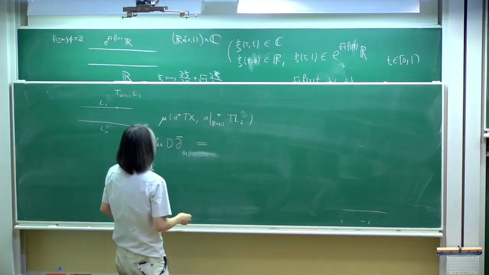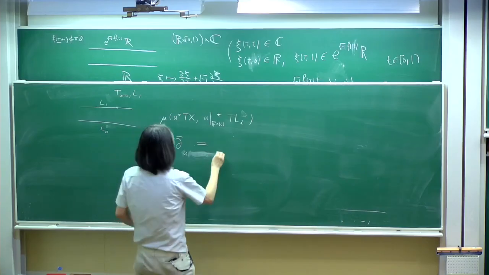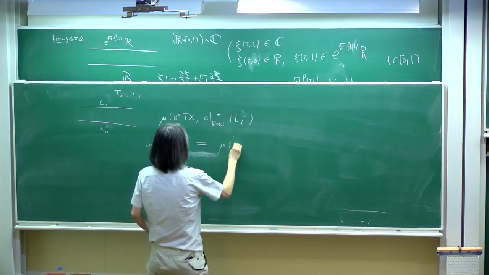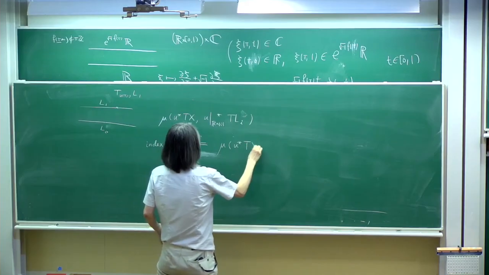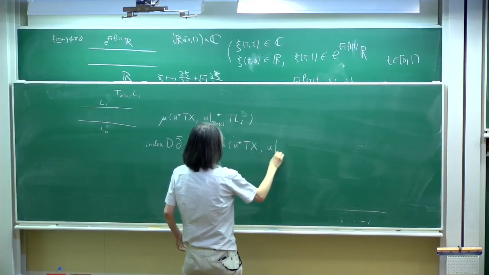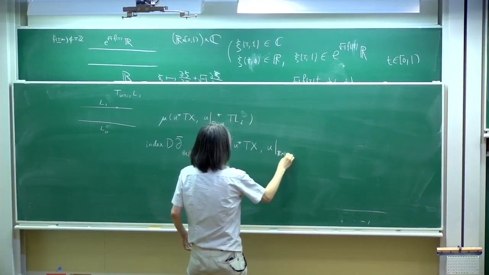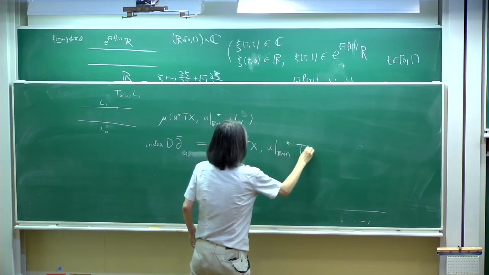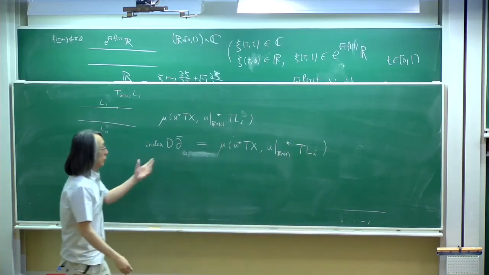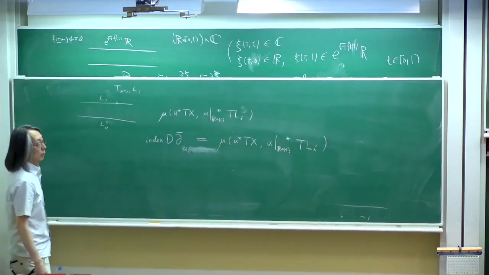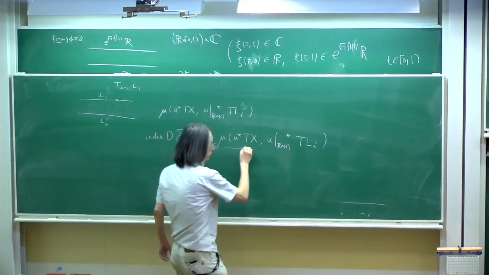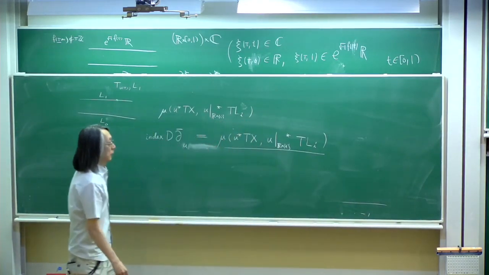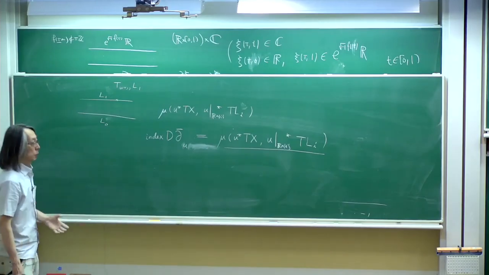It depends on the sign, but this is equal to mu of u star of TX and u of R times Z_i star of T L_i. So this is the index formula. But what I said is the following.